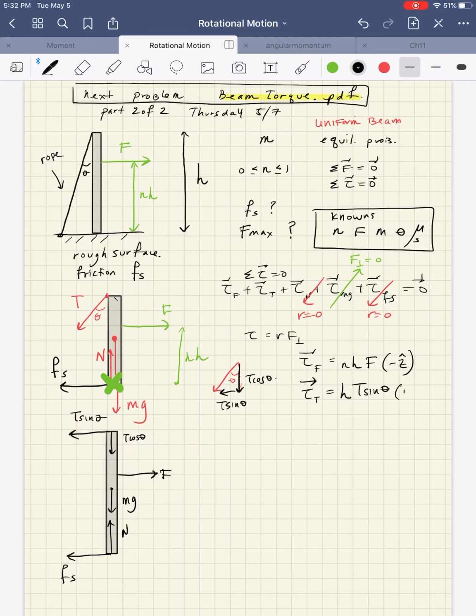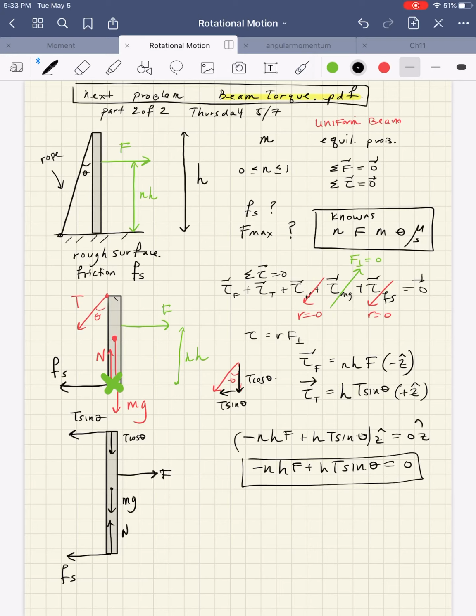It needs to be in order for these to sum up to be 0. And so in total, I'll have minus hF plus hT sine theta z hat equals 0 z hat, or minus hF plus hT sine theta equals 0. And I get one equation from the torque equations.